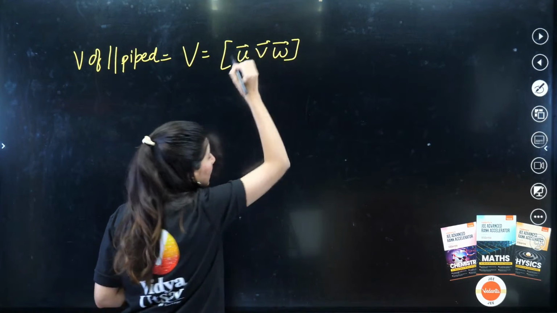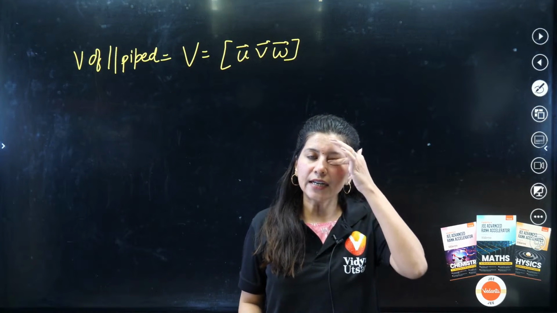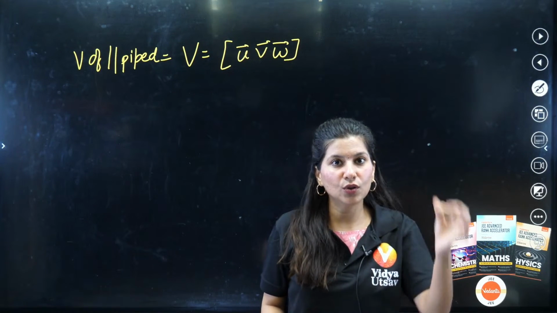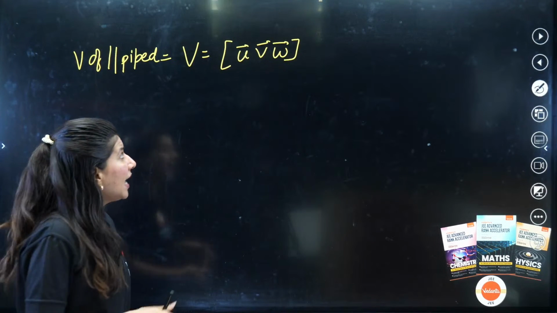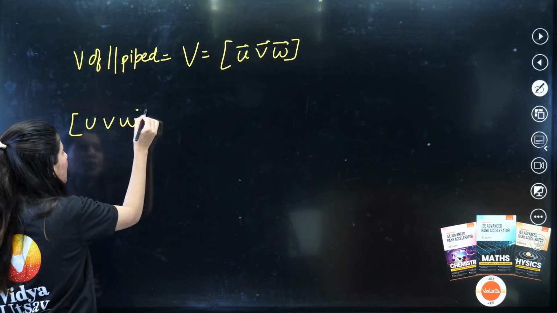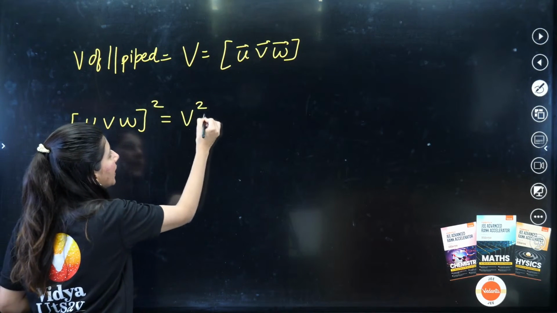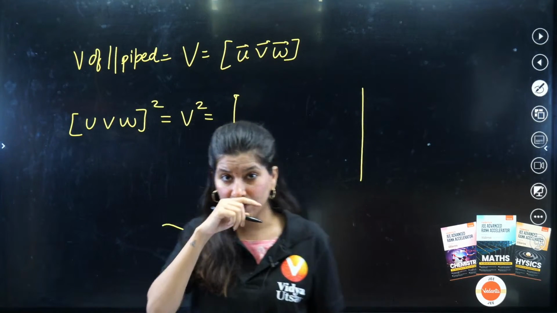How to calculate it? To calculate the box there are 2 ways. One is the traditional way where you figure out U dot V cross W. And another way is using this property wherein the box of U, V, W squared, that is your V squared, is nothing but the determinant. We have studied this property, by the way.